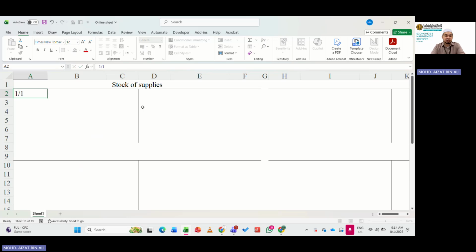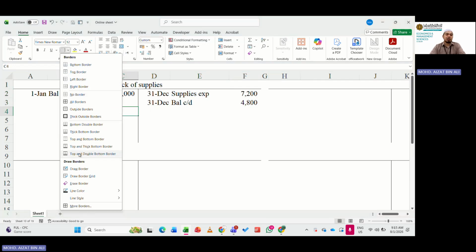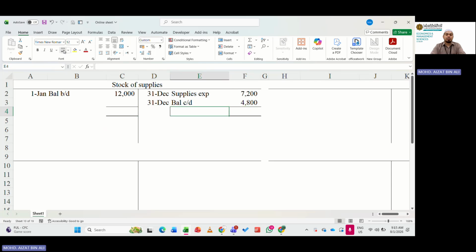So the 1st January balance BD would be 12,000 ringgit, and then 31st December would be our balance CD, 4,800 ringgit. So here we have 12,000 ringgit minus 4,800 ringgit. In this case, this becomes supplies expenses, and then you can just close your account.